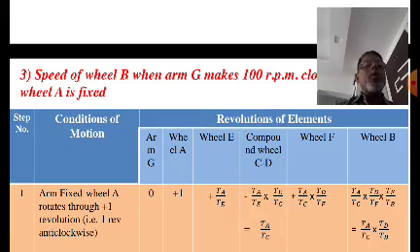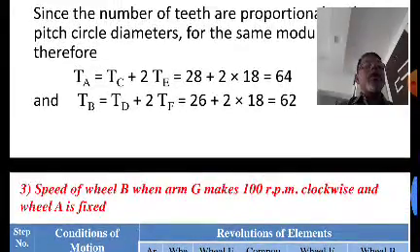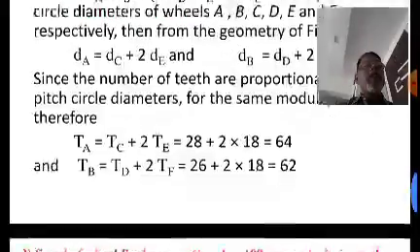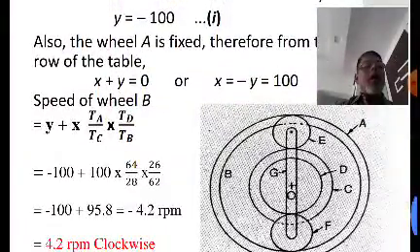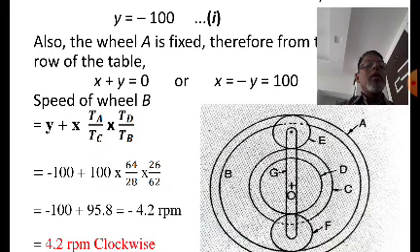Now how many elements are there? The first is the arm G, if you see this diagram, right?